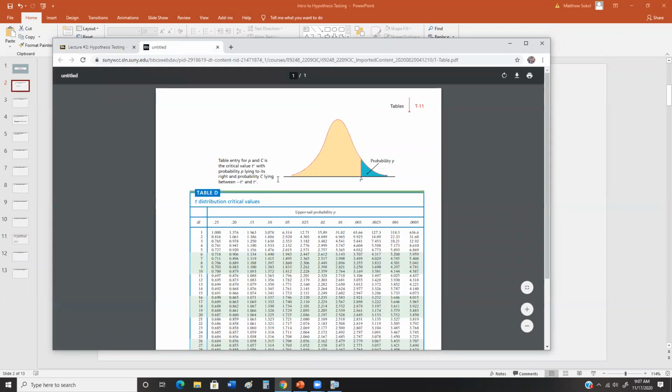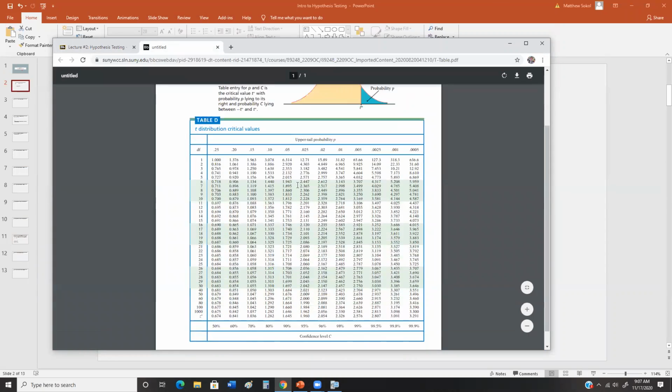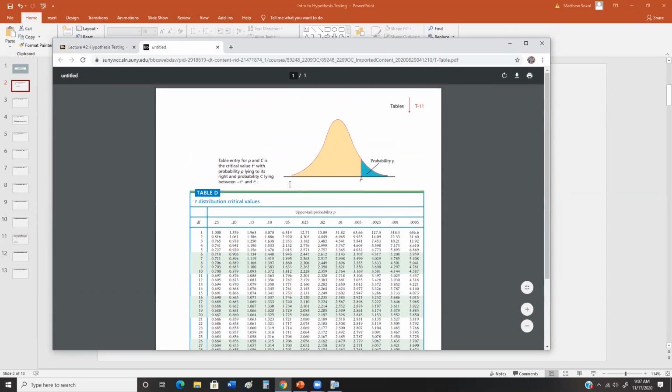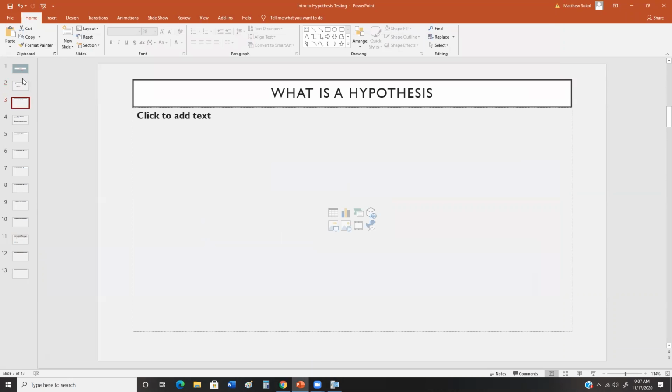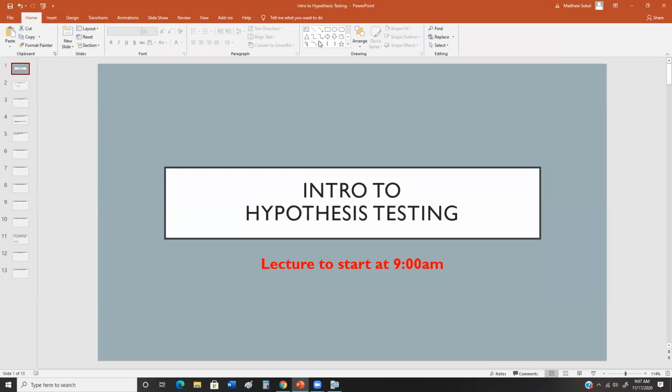You've learned it in your lectures. I have this handy, and we're going to use this a little bit in the second part of class. So, any other final questions or comments before I get started?